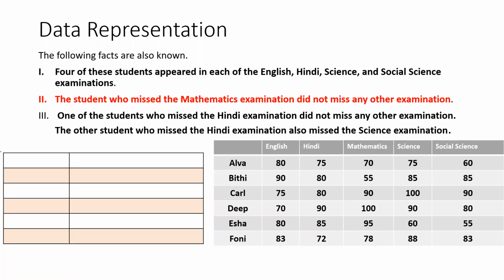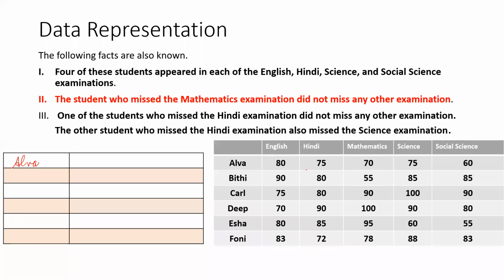Okay, so let's begin with ALVA, the first guy in the list. Now, when we look at ALVA, his scores are 80, 75, 70, 60. If we look at 80, 70, 60, 3 examinations, best of 2, we take the average of 80 and 70, and it comes down to 75.